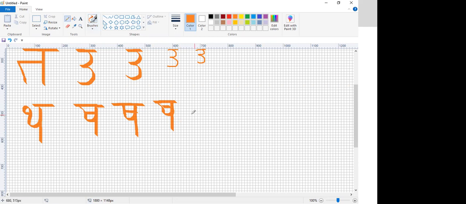So if I have to do it once again, I'm explaining again: first a slight curvature, then you bring a line, and then you put a Shirorekha. I will draw that once again. So a slight curve.